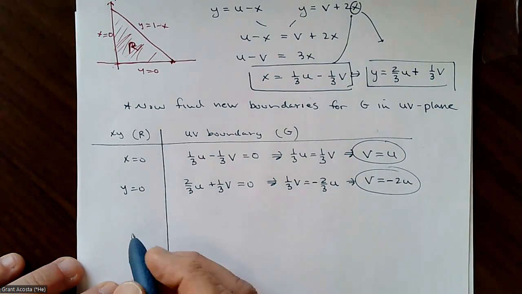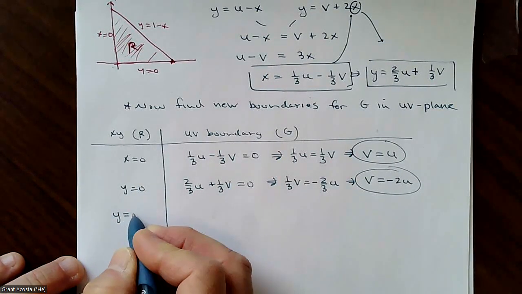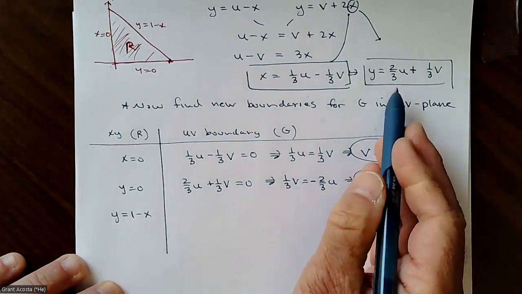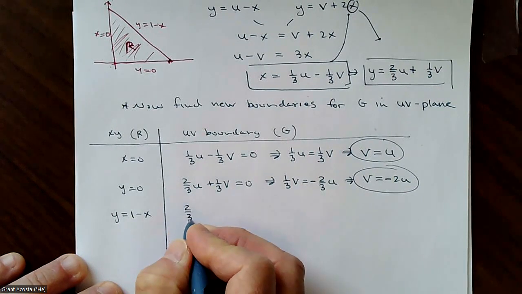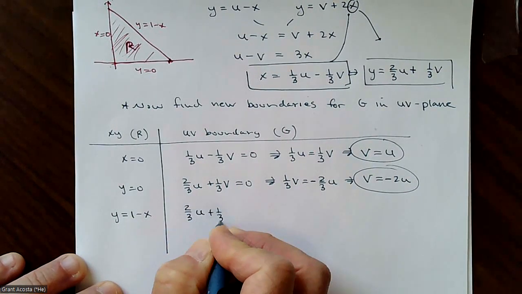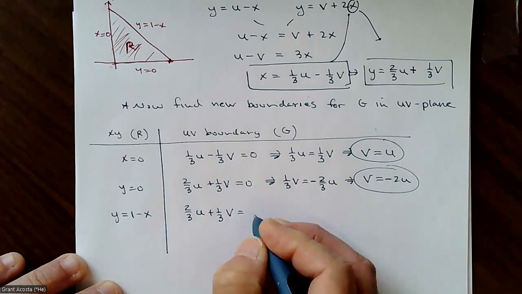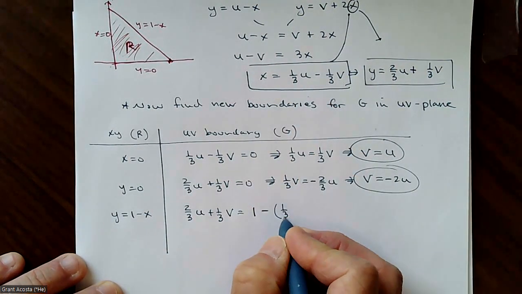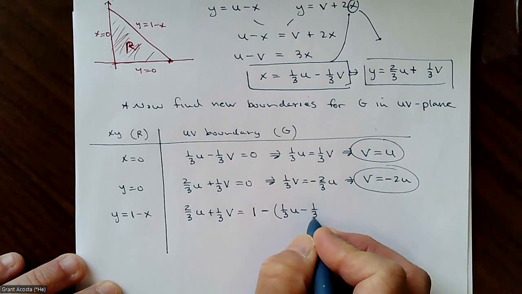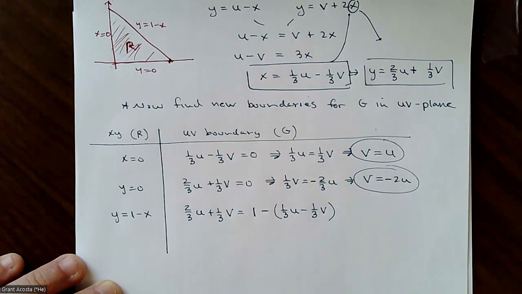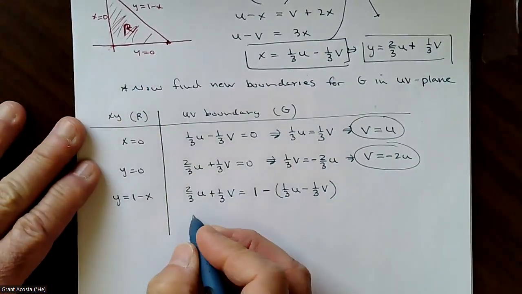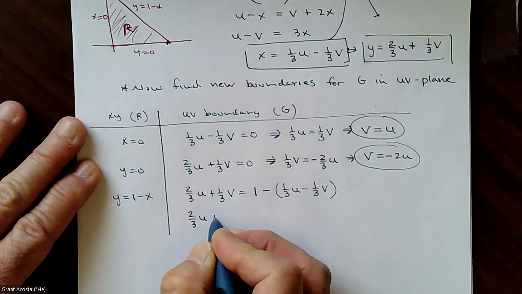And then finally, the other boundary, y equals 1 minus x, my hypotenuse here, this one's not going to be fun, but I have 2/3 u plus 1/3 v, that's my y, has to be equal to 1 minus x, 1 minus 1/3 u minus 1/3 v. Just putting these conversions in for each variable there. So let's simplify this.